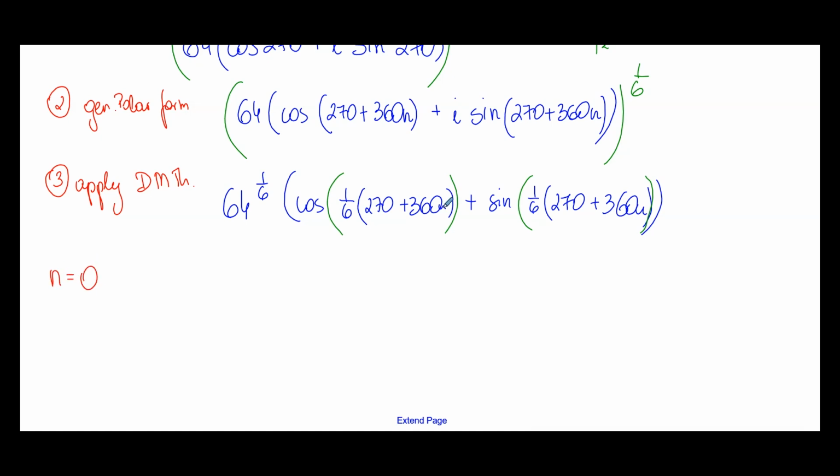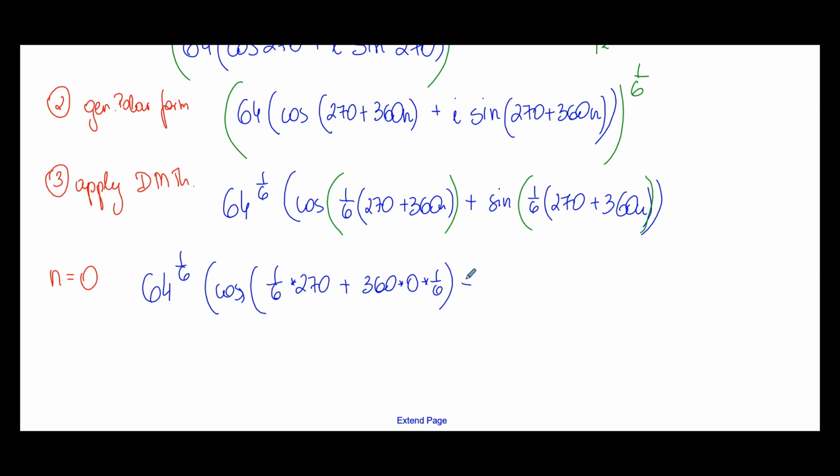What does that mean? I'm replacing that n with 0. So that's my 64 to the power of 1 over 6 times cos, let's see, 270 multiplied by 1 over 6, plus 360 multiplied by 0, multiplied by 1 over 6 as well.